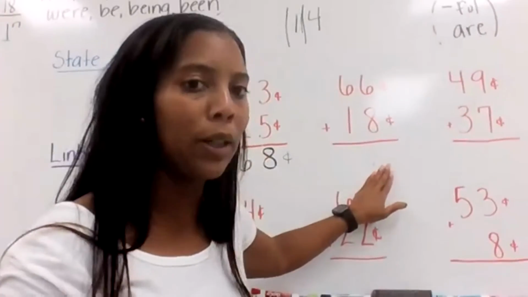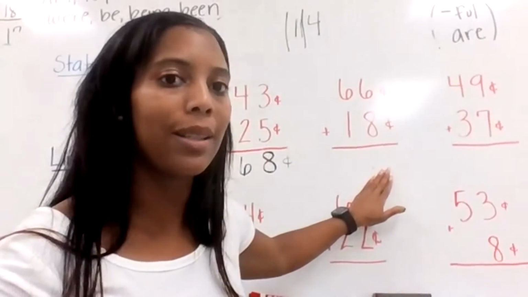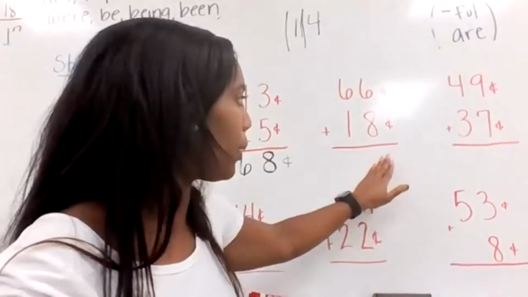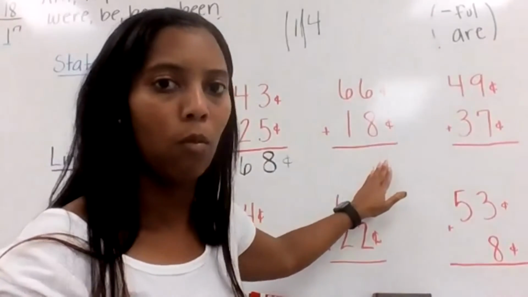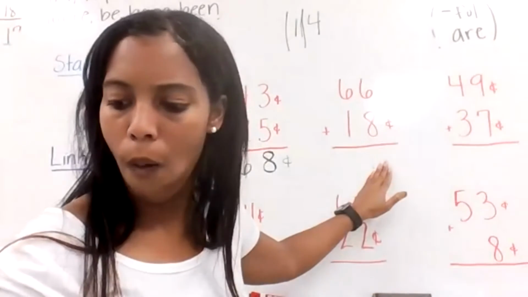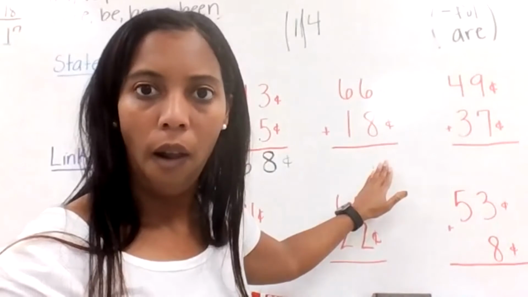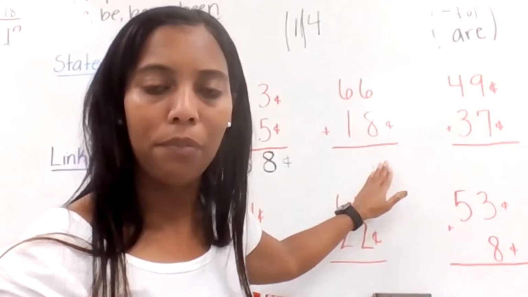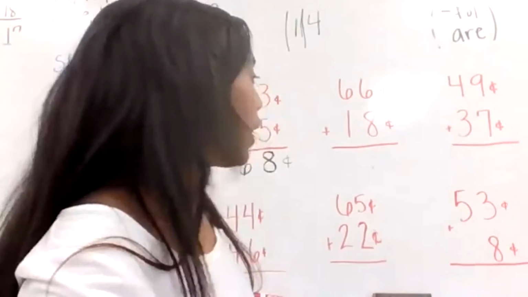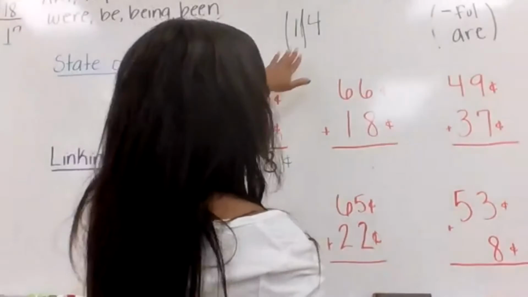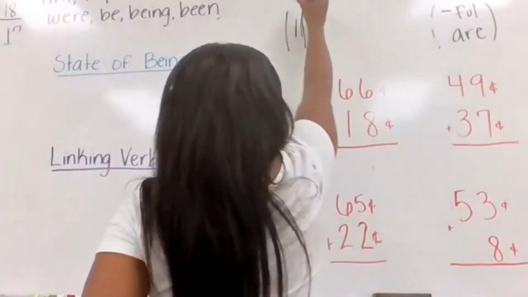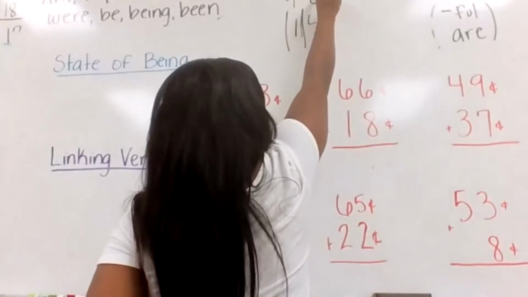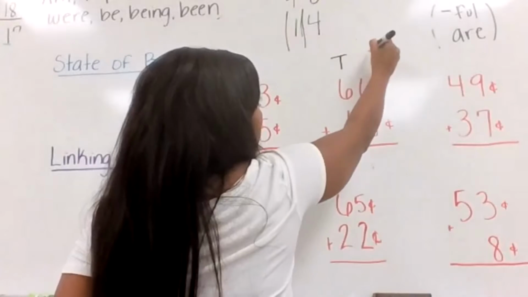So 6 plus 8 is 14. What number will I put underneath this 6 plus 8? What number can I bring down right here? Josiah? The 1? Not the 1. Look at 14, okay? 1 is in the tens place, 4 is in the ones place.